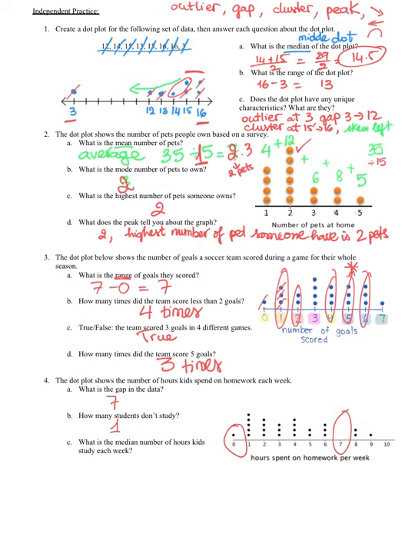What is the median number of hours kids study each week? So find the median. I'm going to find the middle dot. I like to count from highest to lowest. 9, 0, 8, 6. I have 3 of them. 1, 2, 3.